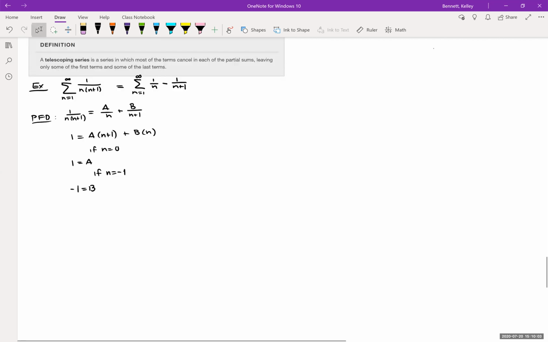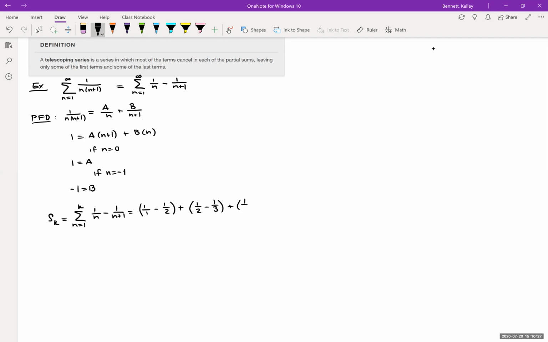So now let's look at S_k. S_k is just the partial sum, so I get 1 over 1 minus 1 over 2, plus 1 over 2 minus 1 over 3, plus 1 over 3 minus 1 over 4. And what are we noticing right off the bat? We kind of have this bookend situation where these 1/2 cancel, et cetera, and so on.